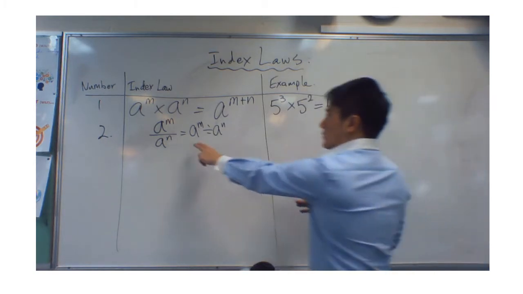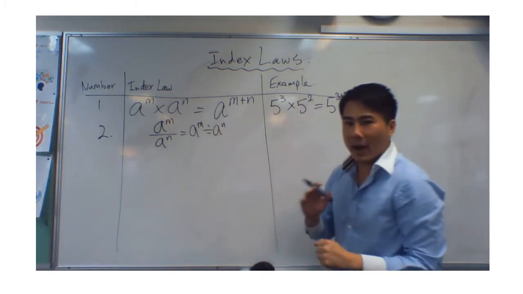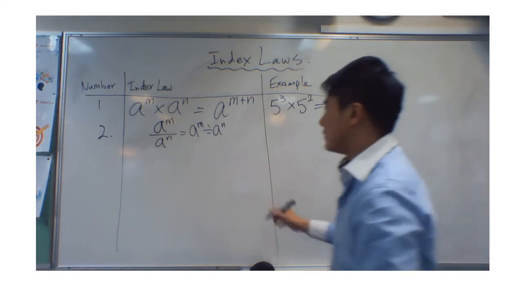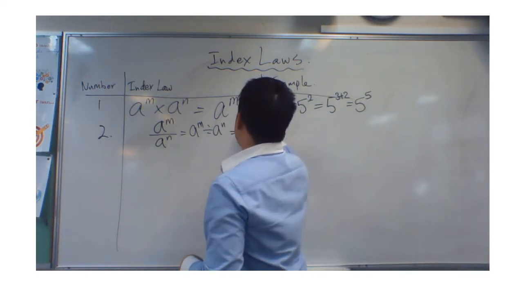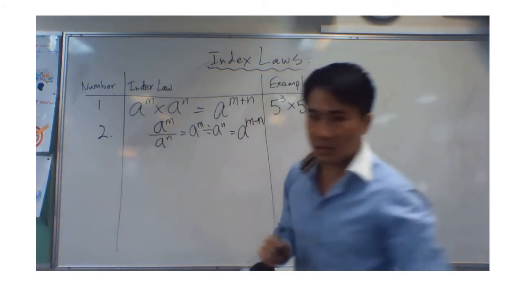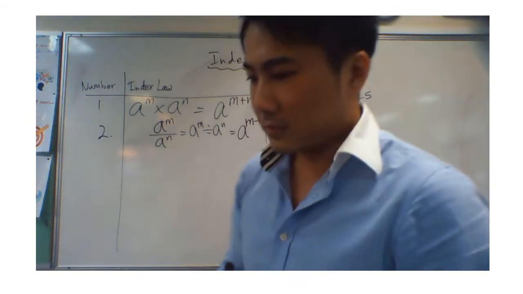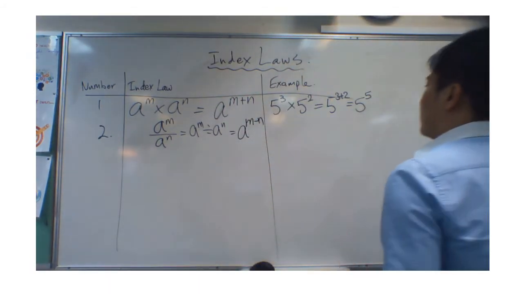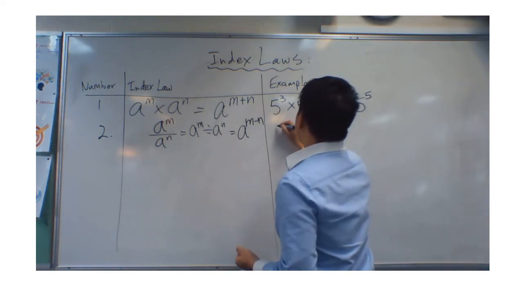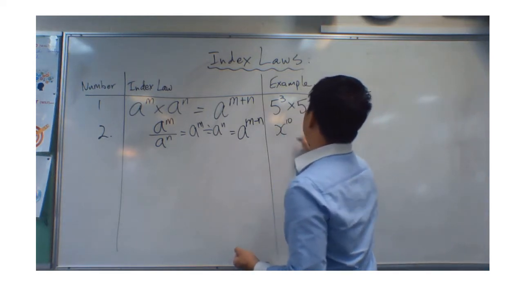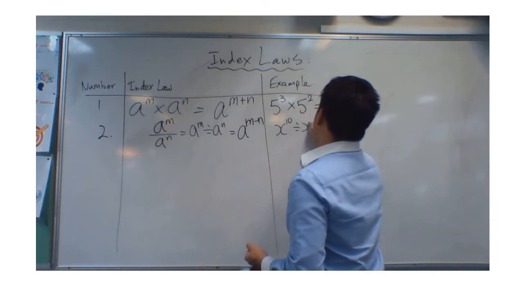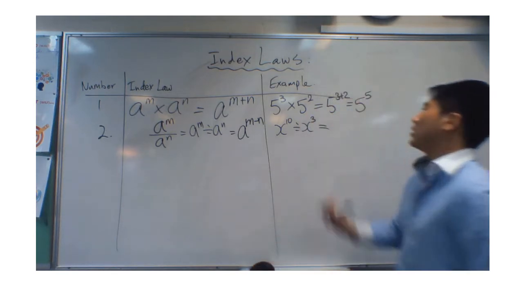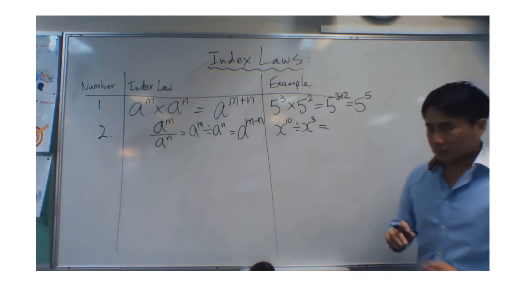Alright, same base, dividing, what do you do with the power? We minus them. So that equals a^(m-n). Alright? Very simple. So let's do an example. If I've got x to the power of 10 divided by x to the power of 3, what would that equal to?